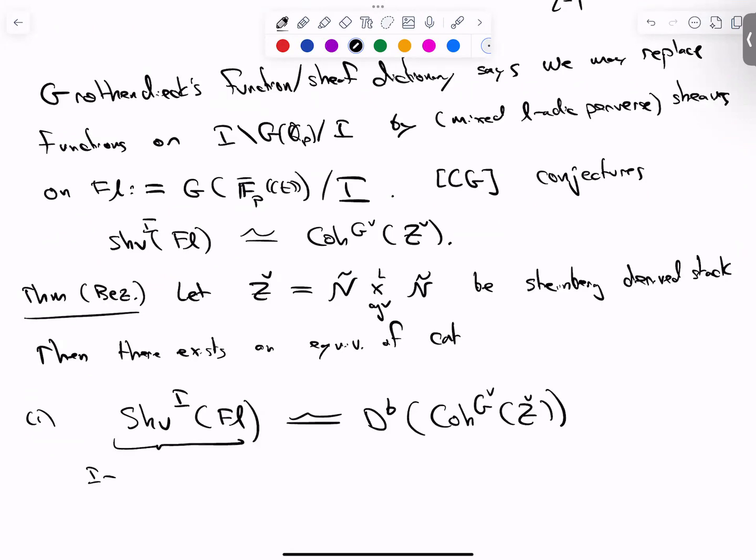So here, just concretely, this means we take equivariant complexes of L-adic sheaves.